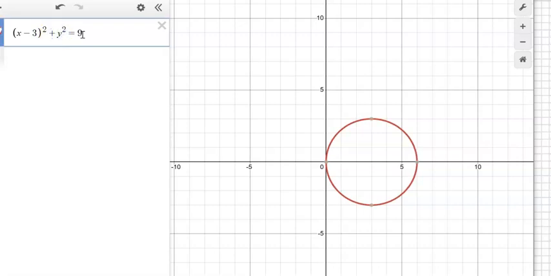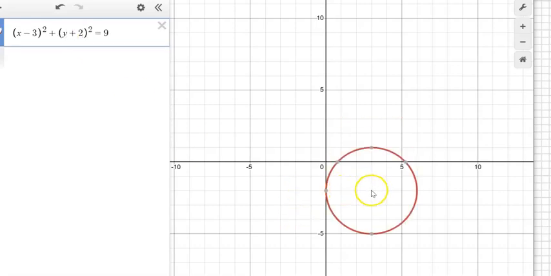And let's say I wanted to move it down 2, I would say, whoops, y plus 2. So notice my center now is at the point, what makes this a 0? 3. What makes this a 0? Negative 2. Plus, if I wanted to, I could divide everything here by 9.